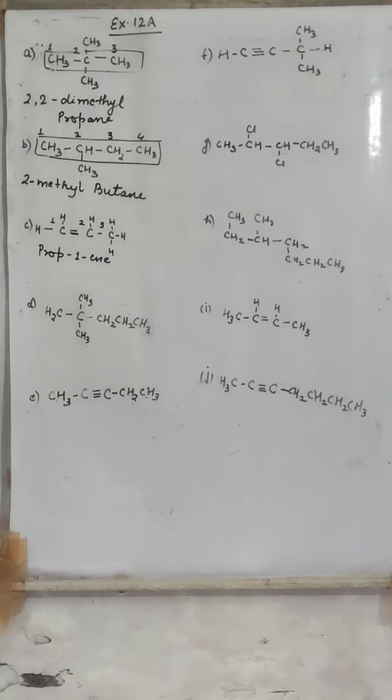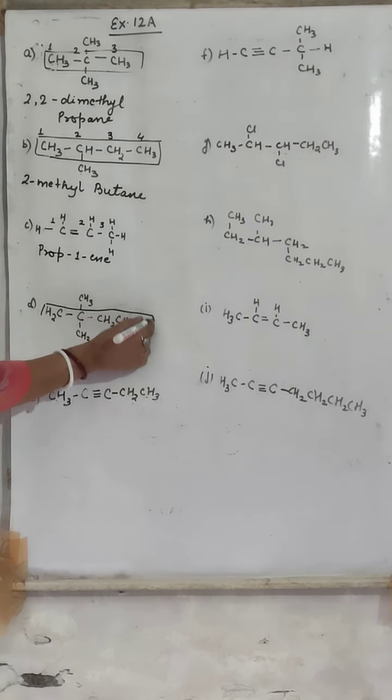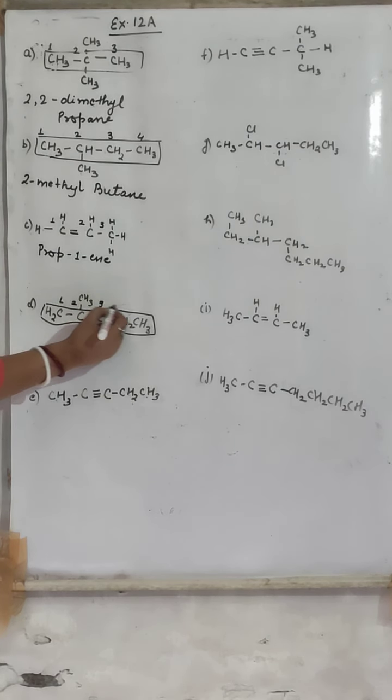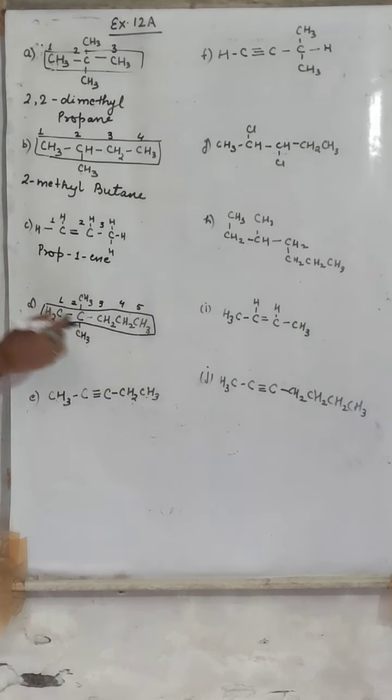Next. Again we will select the longest possible chain. The longest possible chain will be this, right? So these two will be alkyl. Now we will start numbering from where the alkyl will get the smallest possible number. That is 1, 2, 3, 4 and 5. At the second position 2 methyls are present, because this is 1 carbon and from the same carbon methyl is attached. So how many times is it present? 2 times.